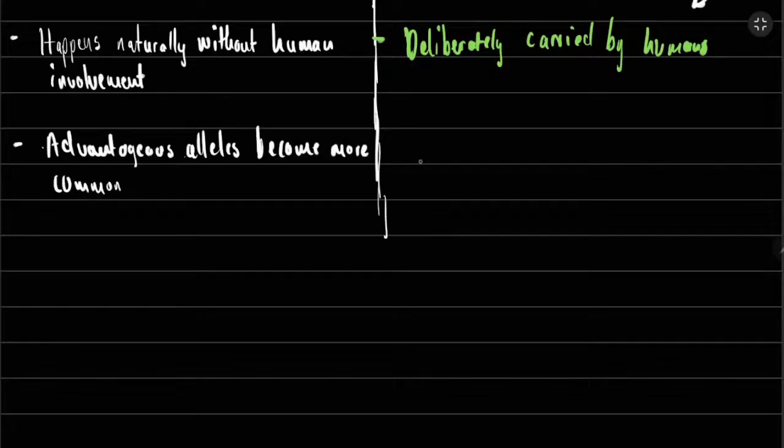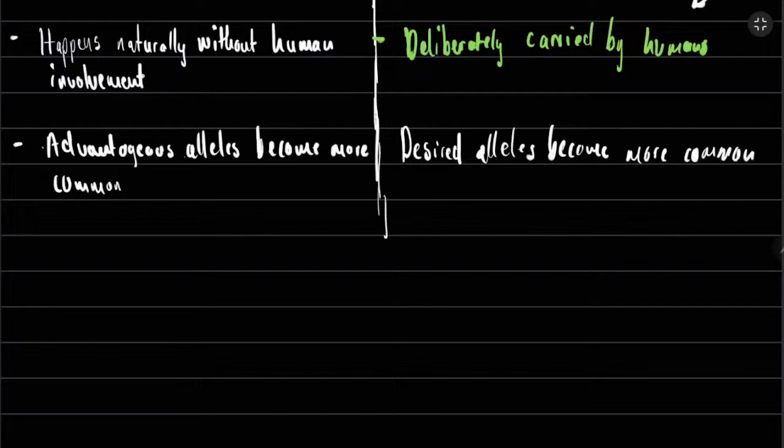Here, desired alleles become more common, not necessarily advantageous. No, the desired ones are the ones that become more common. Make sure you know this. It seems stupid, it's so important. Becomes more common. Why? Because humans repeatedly breed selected organisms.